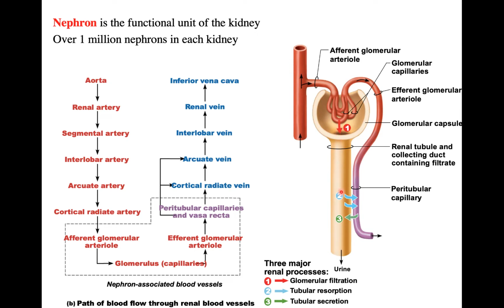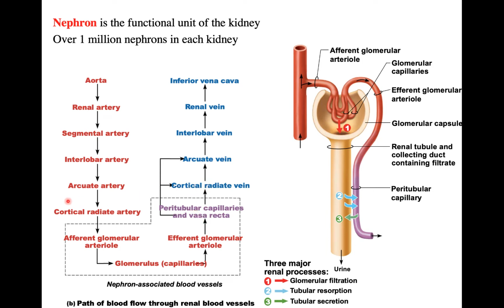Anything that doesn't get filtered out as waste is going to enter back into your blood circulation through the efferent arteriole, which eventually turns into this system called peritubular capillaries. These capillaries will kind of wind around the nephron before going out and becoming a cortical vein.